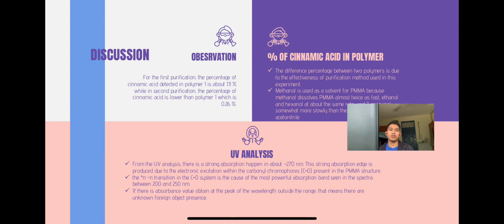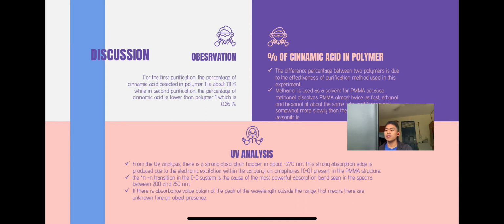UV-visible spectroscopy is commonly used to obtain the absorbance spectra of a compound in solution or in solid. In this experiment, the polymer is in solid form, but it is dissolved in acetone to make a solution, and the purpose is to make sure the result is more reliable.